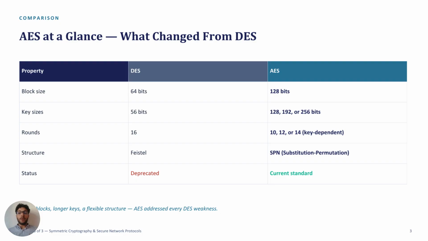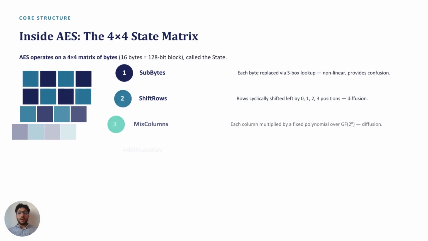The number of rounds varies from 10 to 14, depending on key length, and crucially, AES is not a Feistel network. It uses a substitution-permutation network, where every byte of the entire block is transformed in every round. There is no half block sitting passively while the other half is processed. Every bit is active in every round.